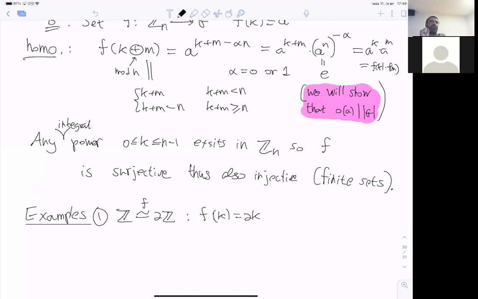Why do we choose Z to be the representative of this infinite cyclic group? Can it be, I don't know, the rational? No, the rational is far from being cyclic. Of course. This is exactly Z.